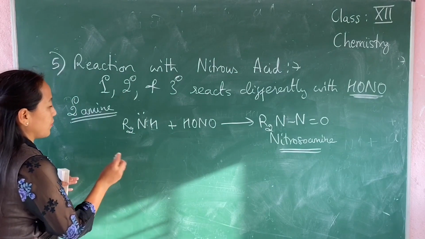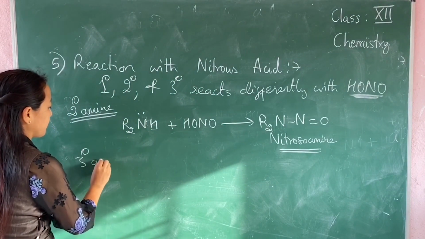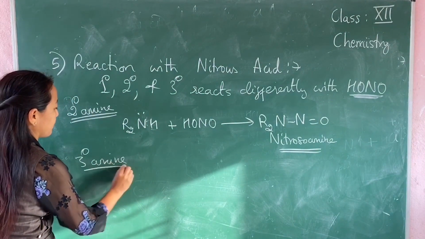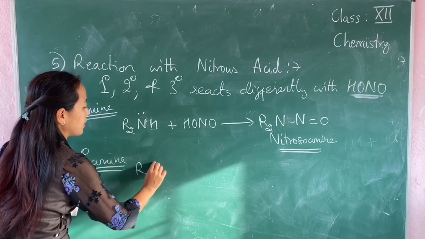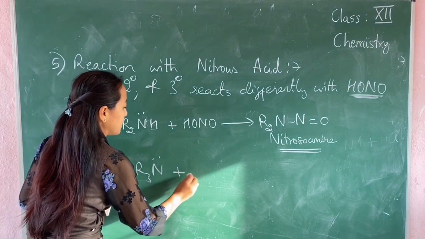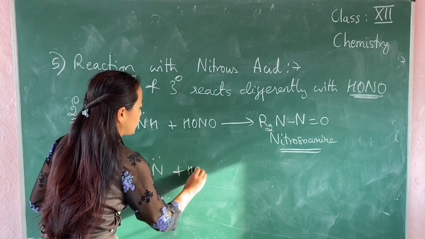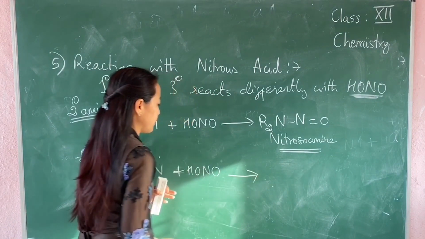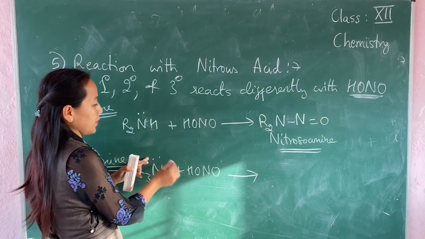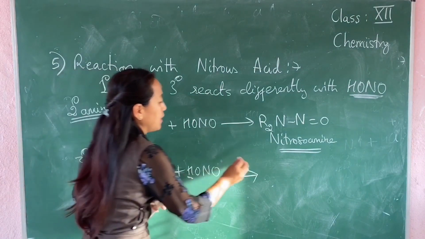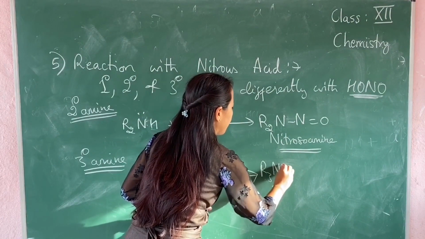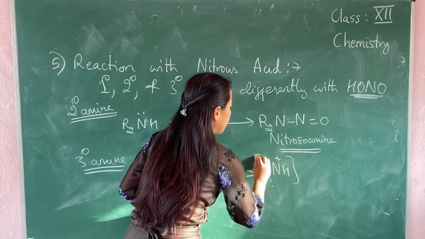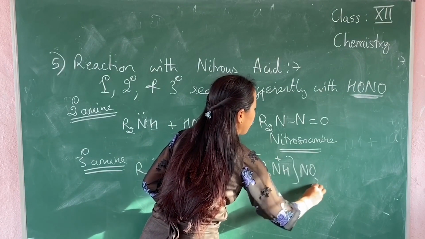Whereas in the case of tertiary amine, it forms, plus HONO, nitrous acid. It will form a nitrite salt, that is, this N will pick up hydrogen from here, R3NH+ NO2-.